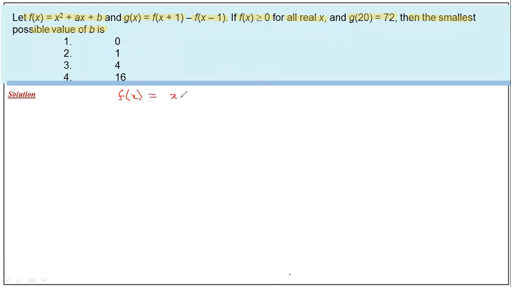So f(x) is given as x square plus ax plus b, and g(x) is given as f of x plus 1 minus f of x minus 1.